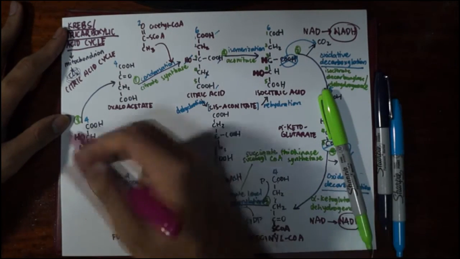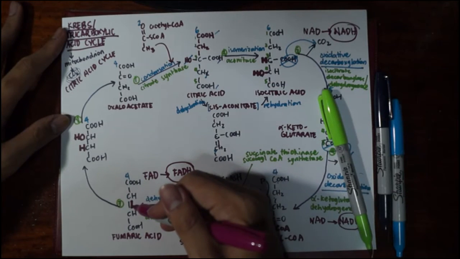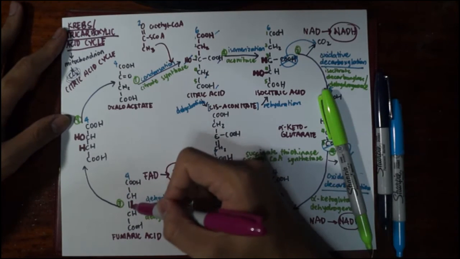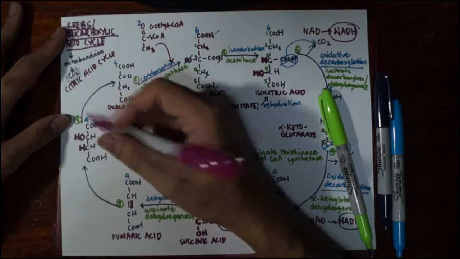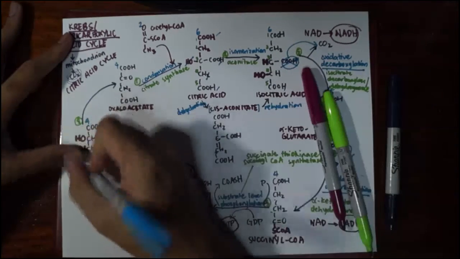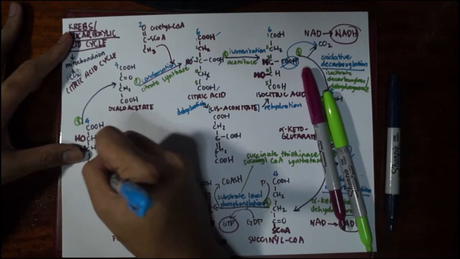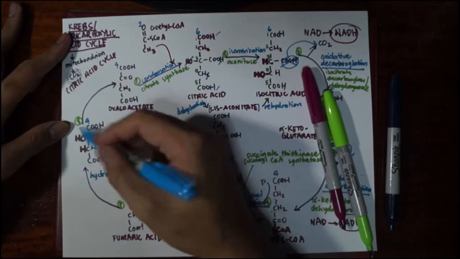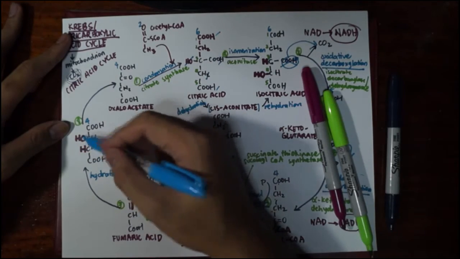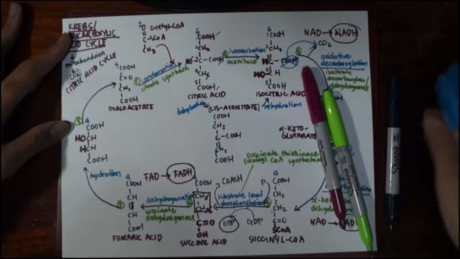Next, fumaric acid will then be transformed. What happened? The double bond was removed, and then you added water. So simply the reaction was hydration. You added water to the double bond, you removed the double bond, and you added OH to one of the carbons in the middle.